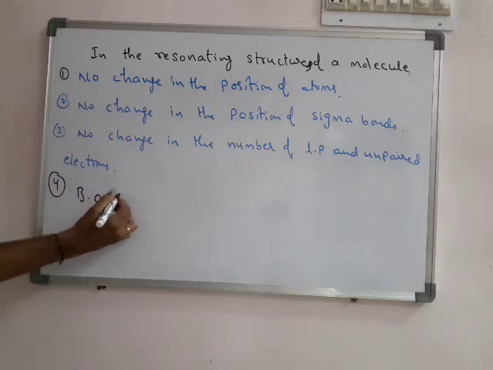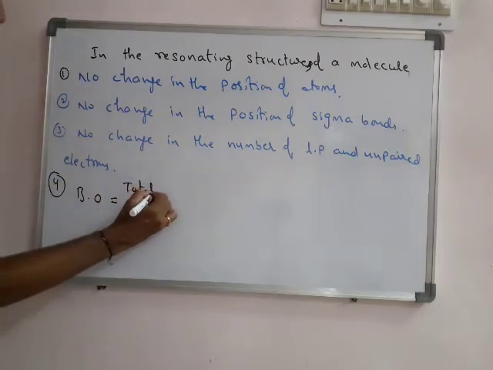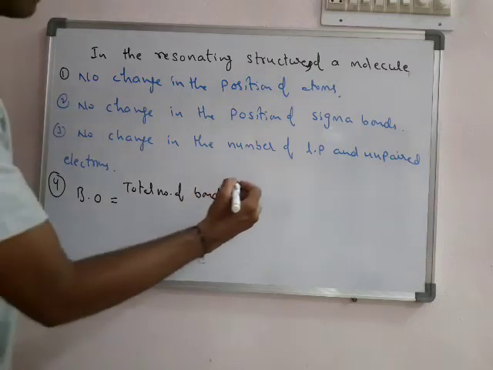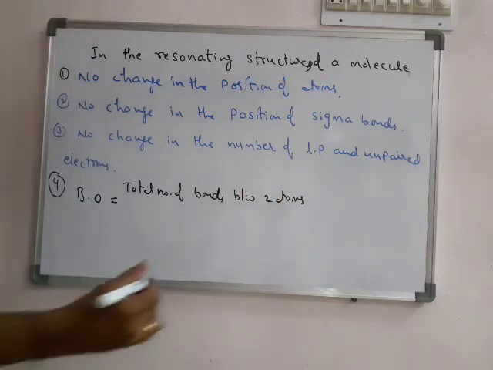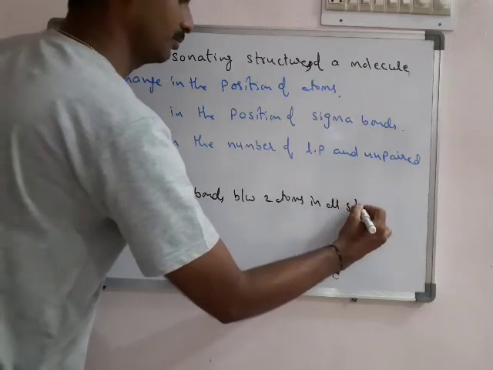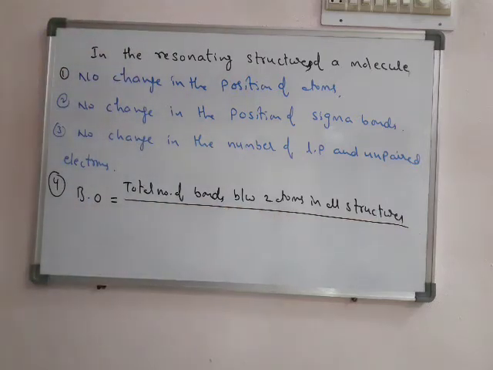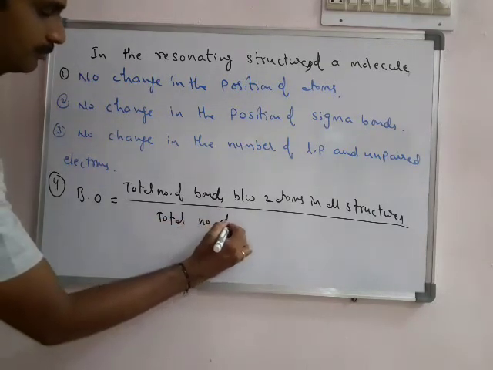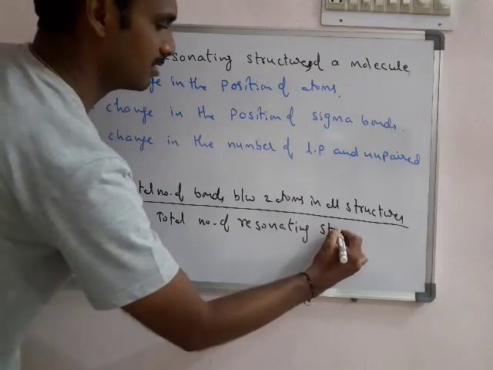Bond order is equal to the total number of bonds between two atoms in all its resonance structures, divided by the total number of resonating structures.